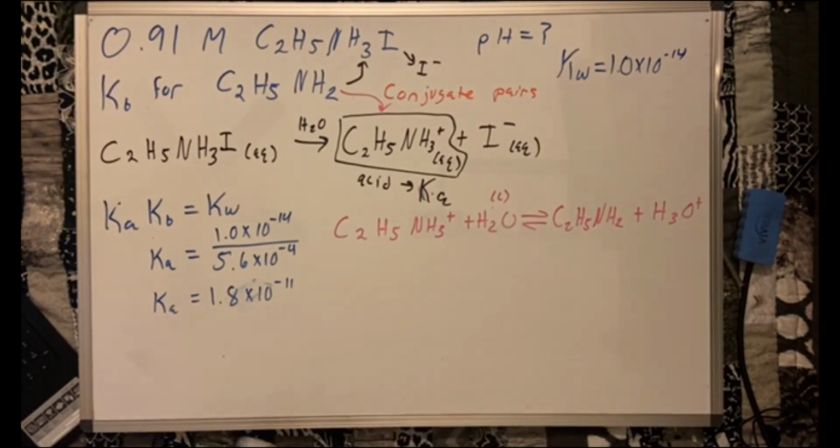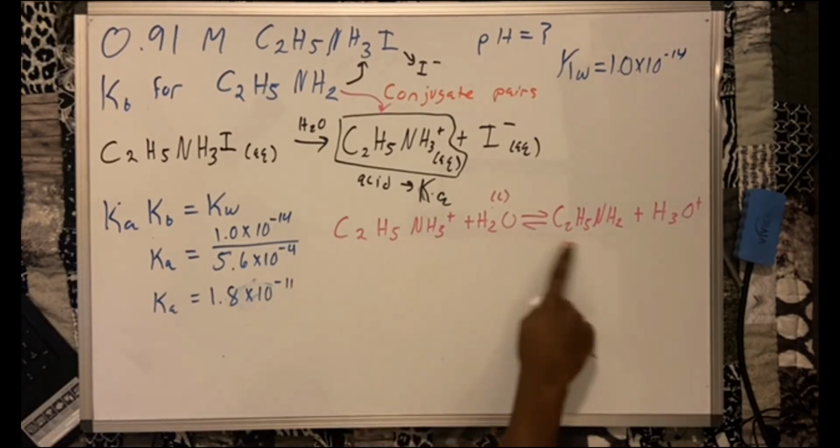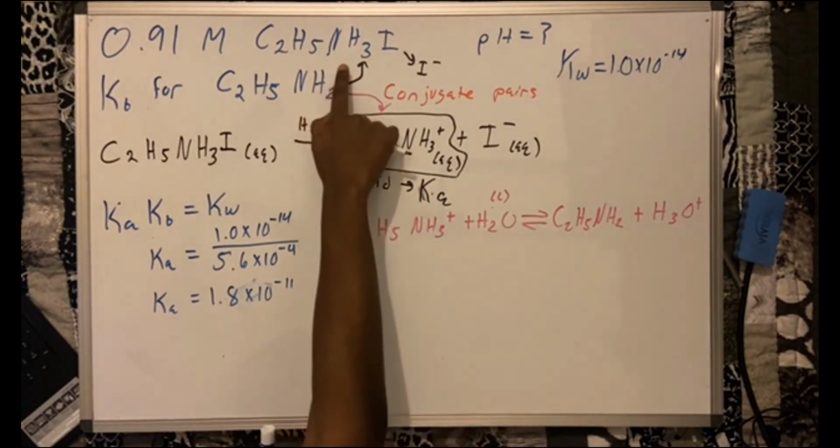Right, then we do our ice table, right? Let me ask, is everyone okay? Everyone can figure out how to get this? Is everyone comfortable doing that? So you were given it as a product.